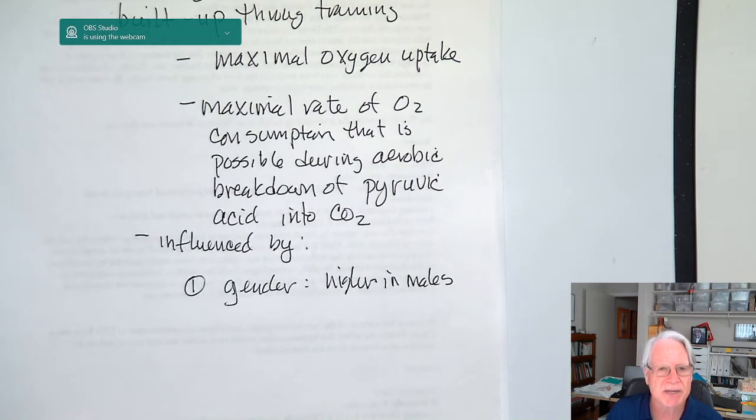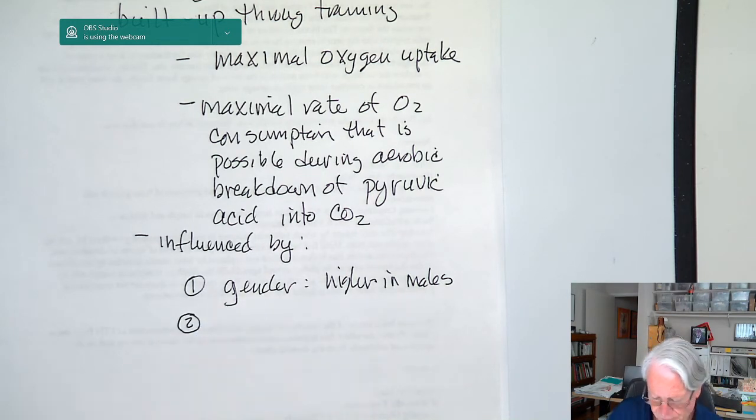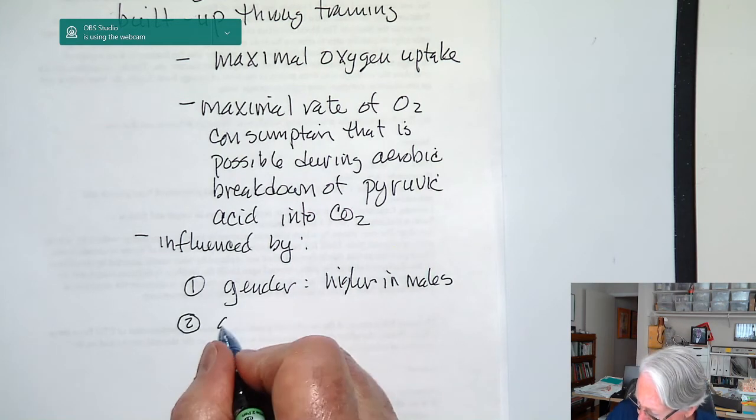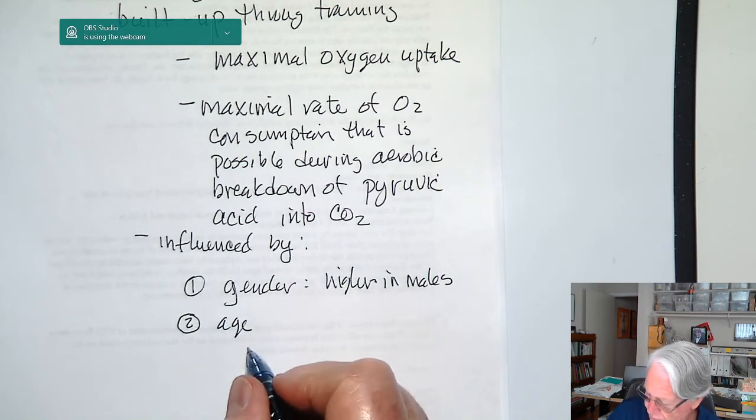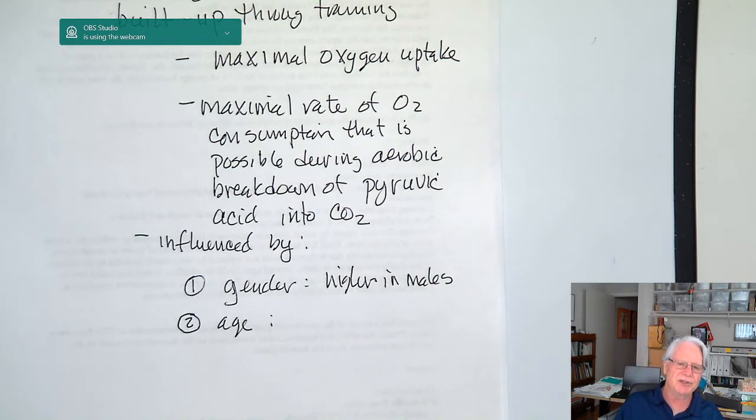So, on average, males tend to have a higher maximal oxygen uptake than females. Number 2, age. Okay. So you are improving up until a certain age, and then after that, this number starts to fall off.